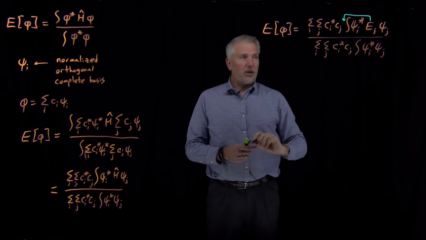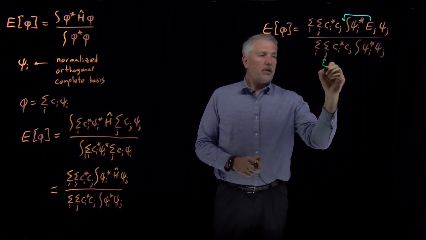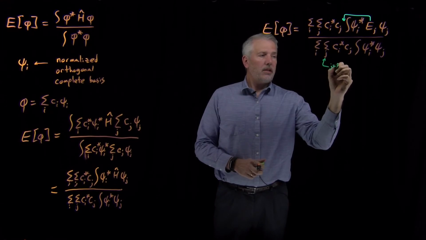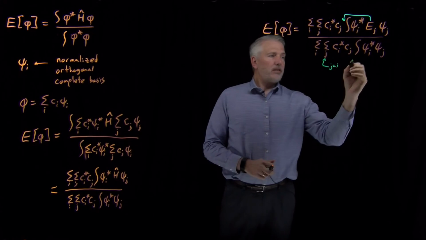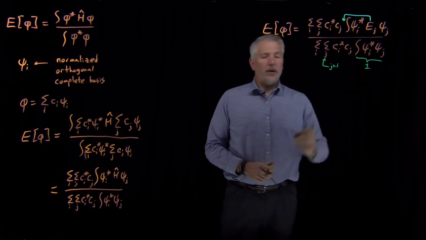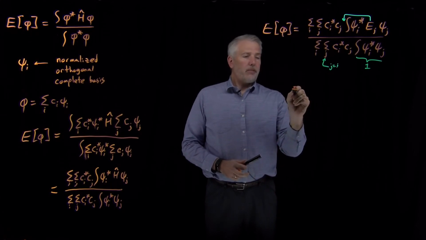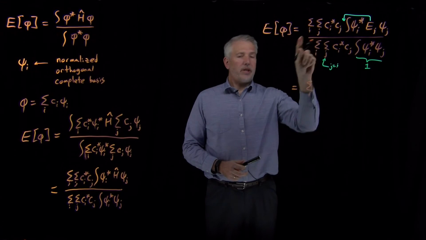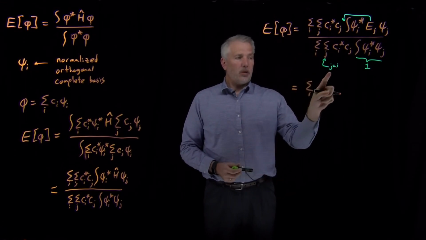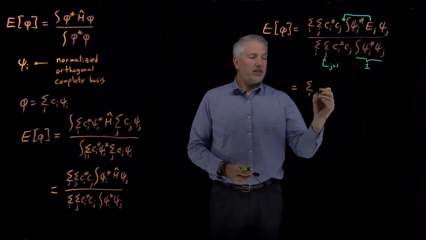So the only term that matters in the j sum is the specific case where j equals I, and in that case, this integral will give me a 1. Likewise, in the numerator, I still have to think about the sum over all the i's. The only j term that contributes is when j is equal to I, so all my j's become i's.